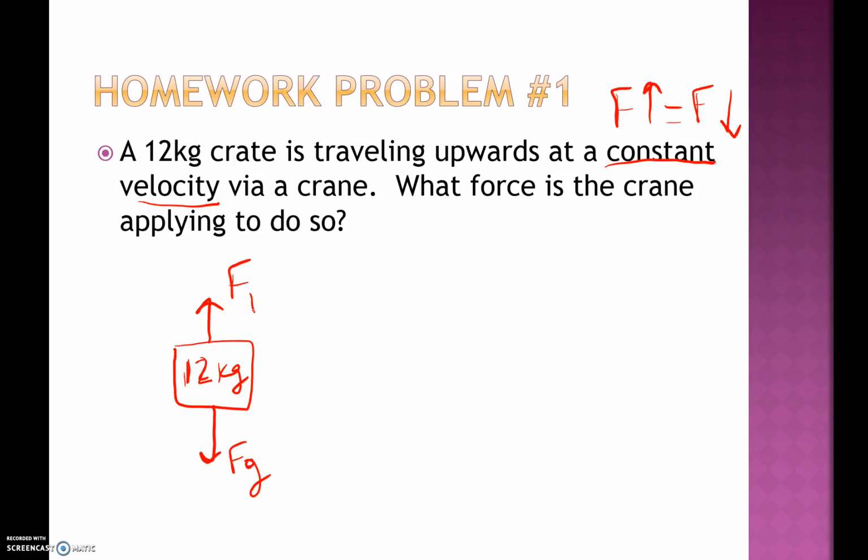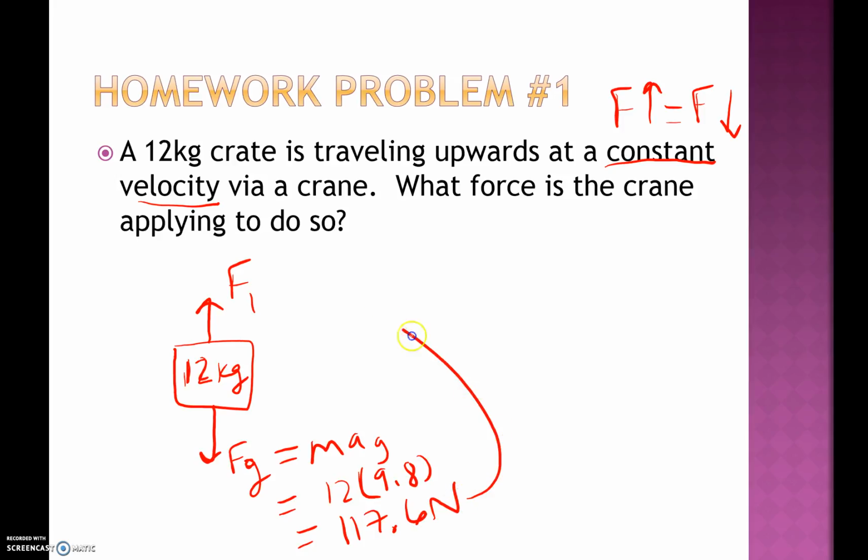Right? Now, because we said it's a constant velocity, and the force up is equal to the force down, that means that whatever the force due to gravity is should be the same as the force that's been applied in the upward direction. So let's calculate it. We know F of G equals M times A of G, which should give me 12 times 9.8, which should be 117.6 newtons.